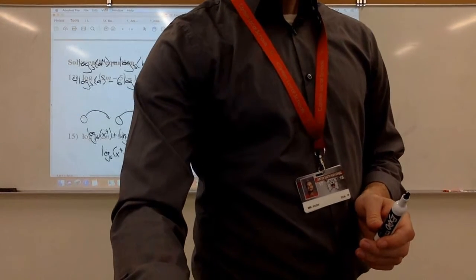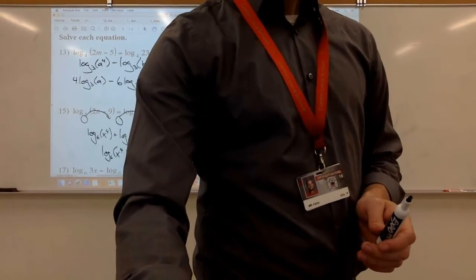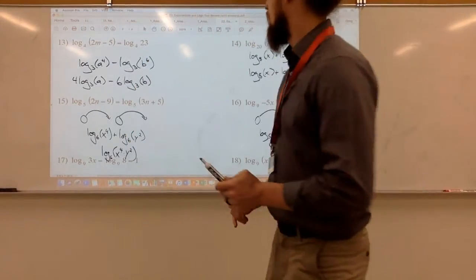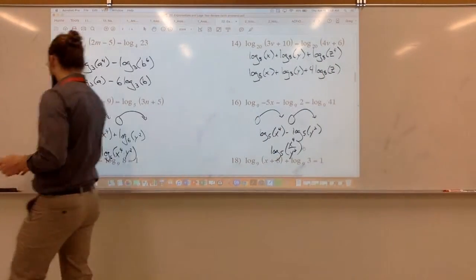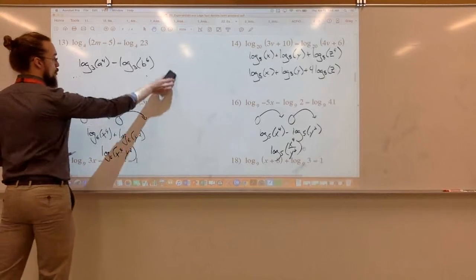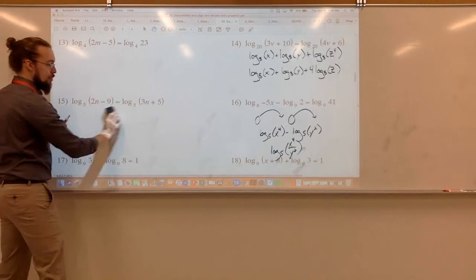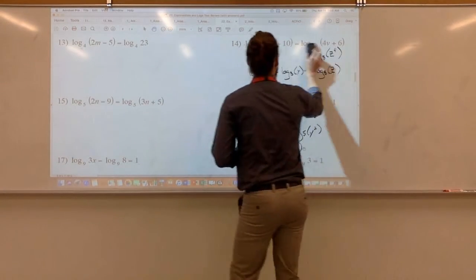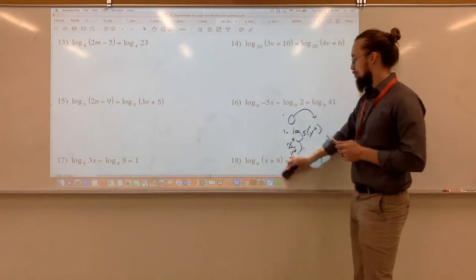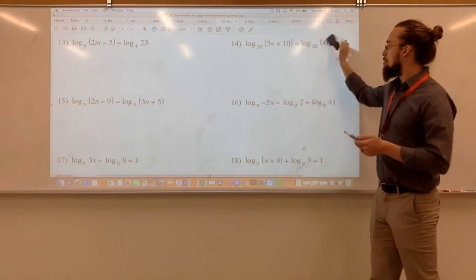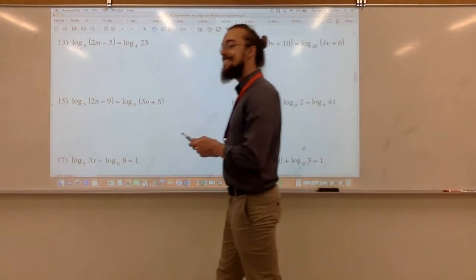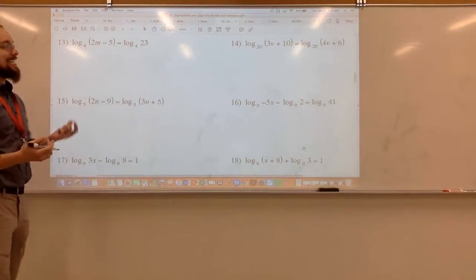All right, on the back then, we are solving a bunch of equations. The first three on the back, we have a log equal to a log. Whenever we have a log equal to a log, all we need to do is take whatever's on the inside of those logs and set that equal.